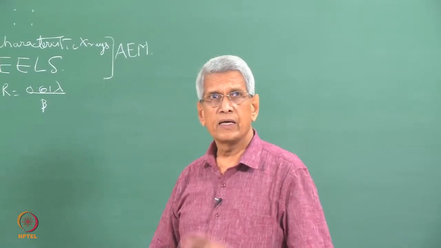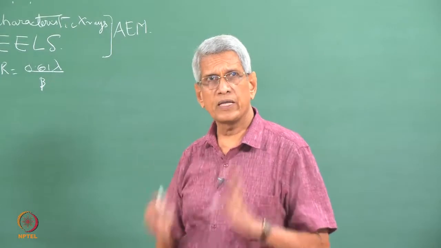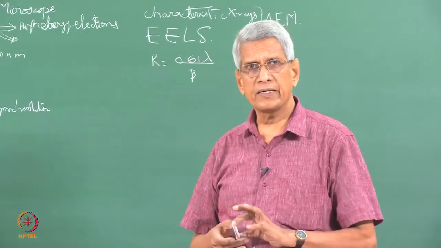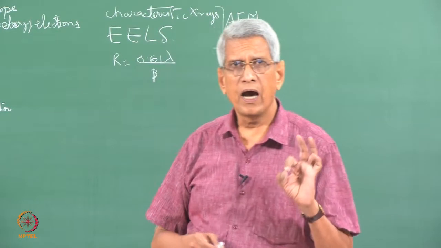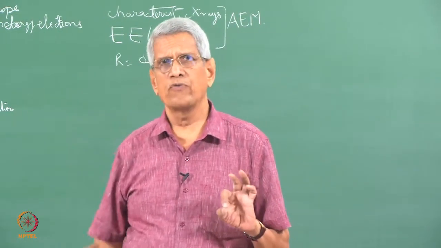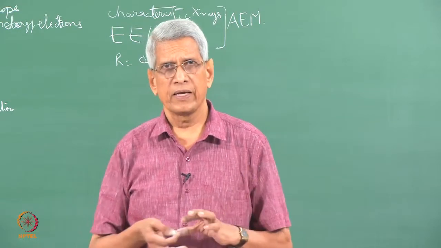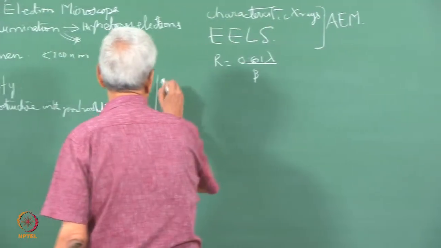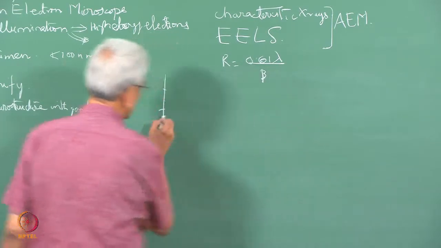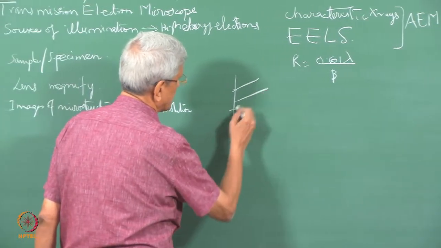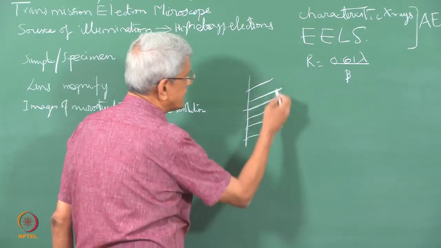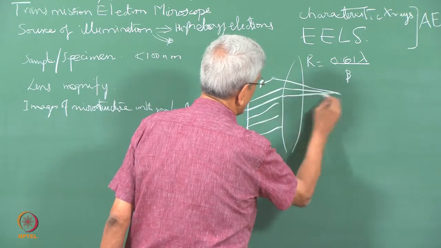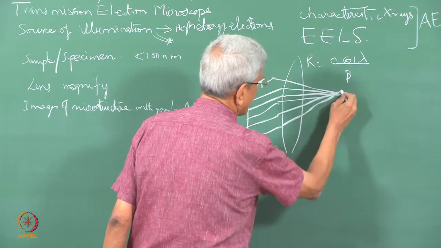Other than that, the most important property which we have studied about any lens is that all the rays scattered from different points on the object are brought to a focus in the image plane, whereas the rays scattered from various points on the sample surface in a specific direction are all focused by the lens into a particular plane.